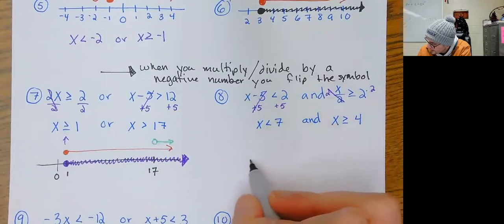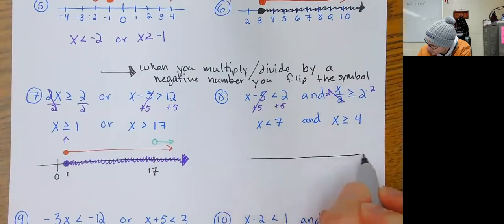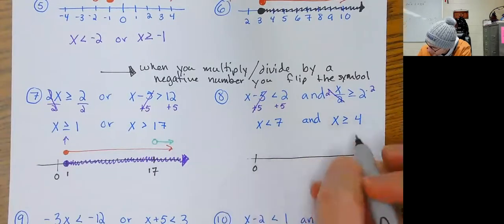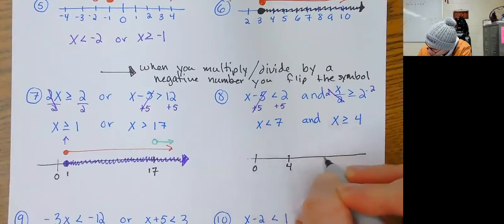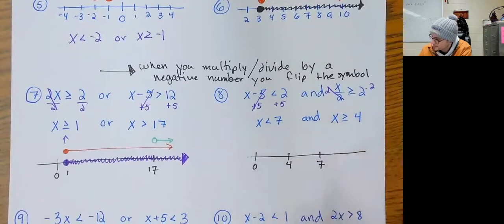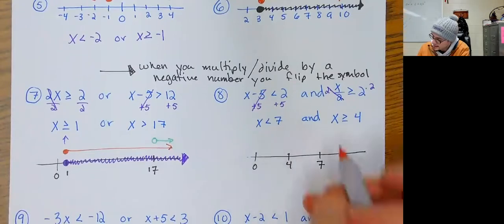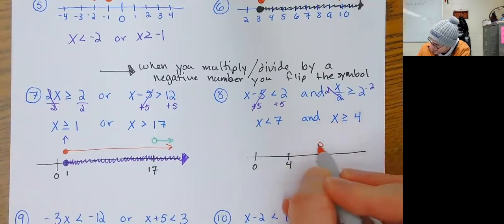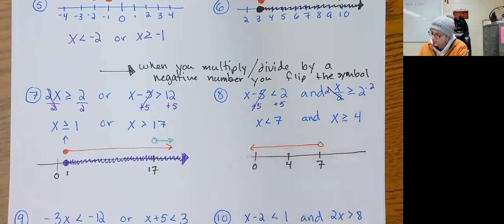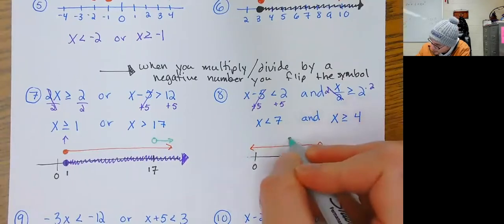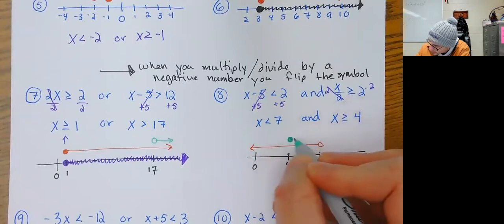So if I draw my number line, again, I want 0, then we're going to put 4, then we can put 7. So the first one, X is less than 7, so open circle at 7, less than 7. And then this one says X is greater than or equal to 4, so closed circle at 4, and then it's getting greater than.